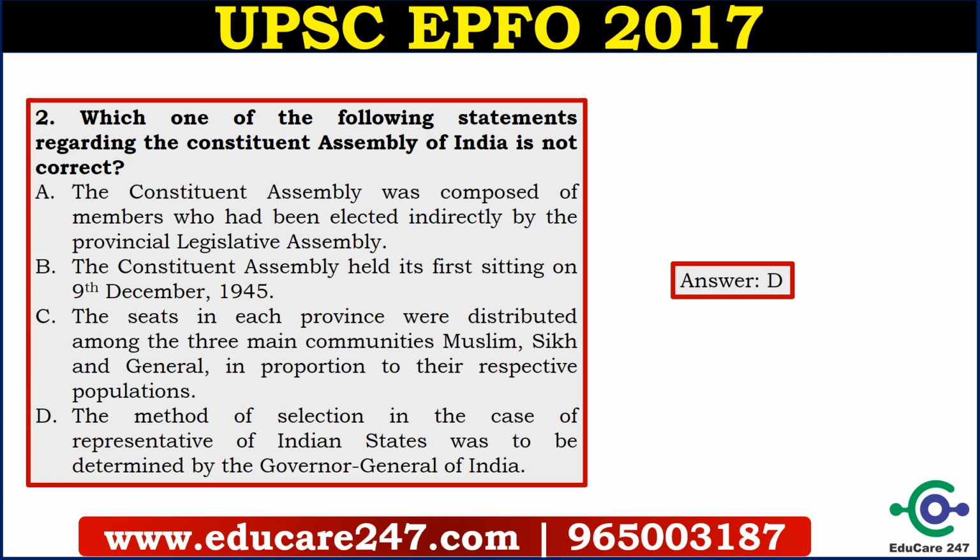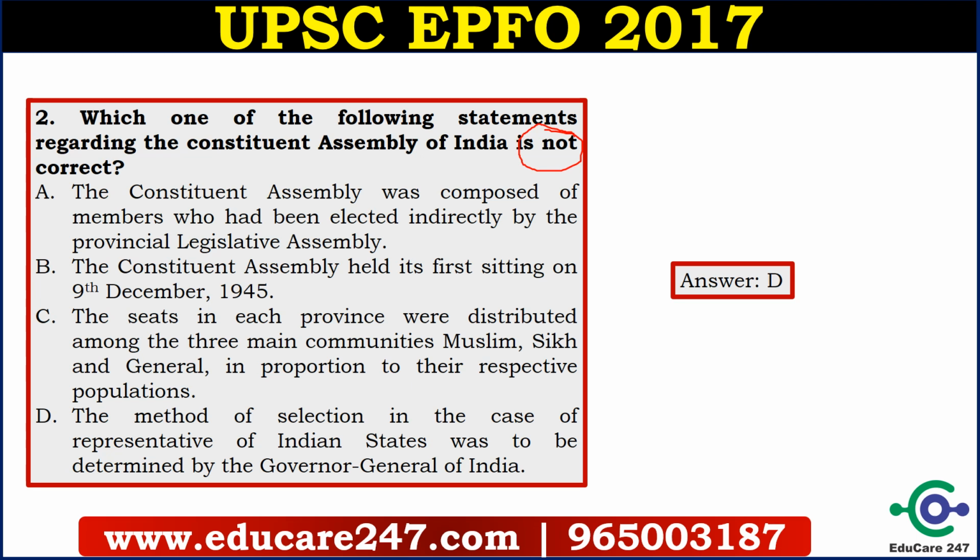You have to grasp all the important concepts related to this topic. The next question is, which of the following statements regarding the Constituent Assembly of India is not correct? So see, you have to be very careful. They are asking the not correct statement. The first statement is, the Constituent Assembly was composed of members who had been elected indirectly by the Provincial Legislative Assembly. It is the correct statement.